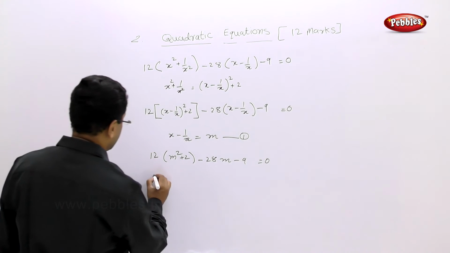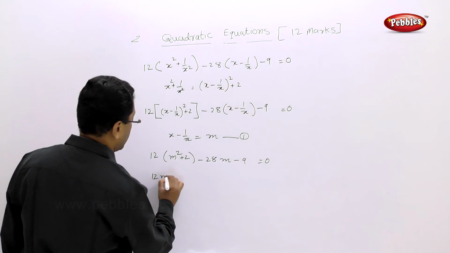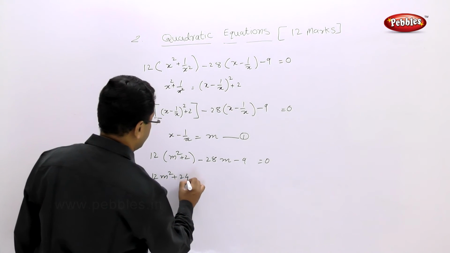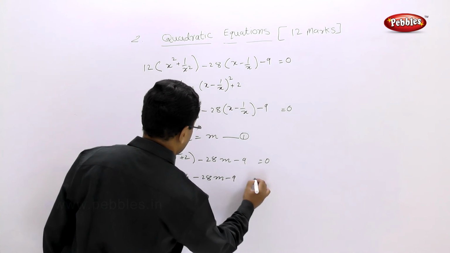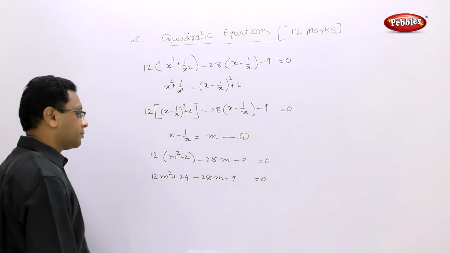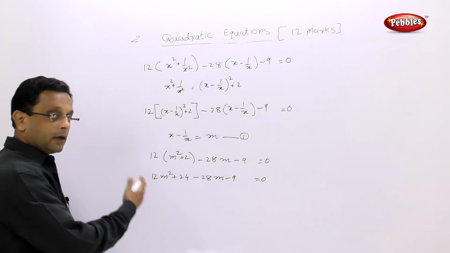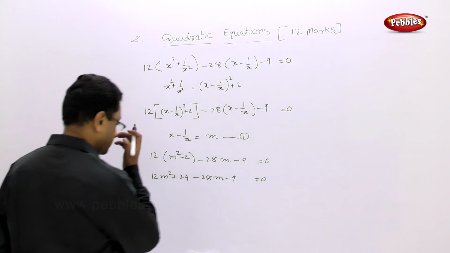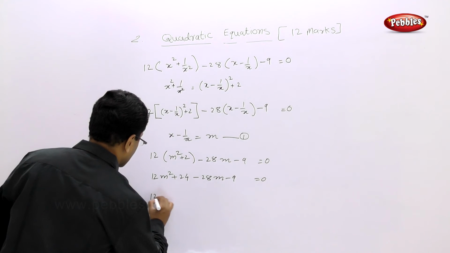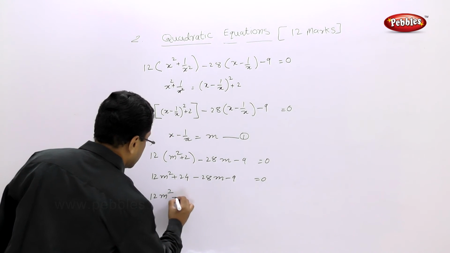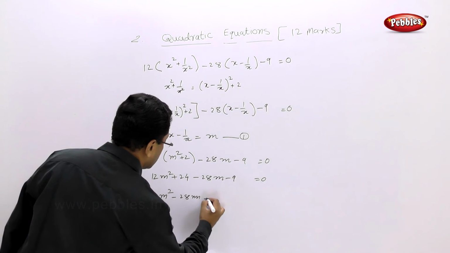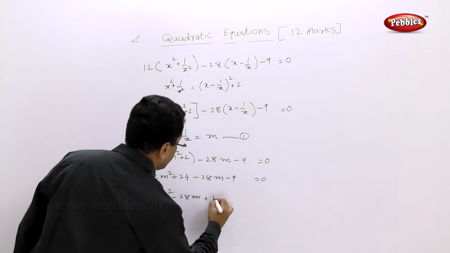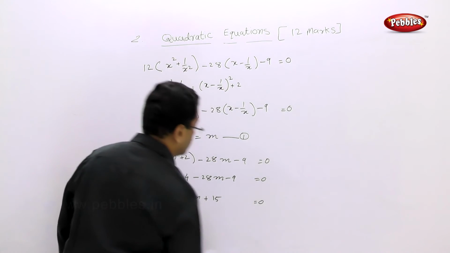Solving this, I will get 12m square plus 24 minus 28m minus 9 equal to 0, and then I'll get 12m square minus 28m plus 15 is equal to 0.